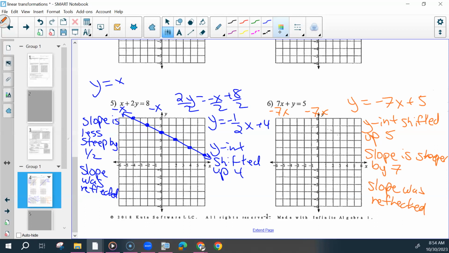And then now that we have our descriptions, let's graph this. Y-intercept at +5, slope is -7, so we can go down 7 and to the right 1.